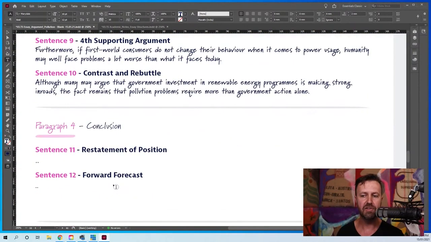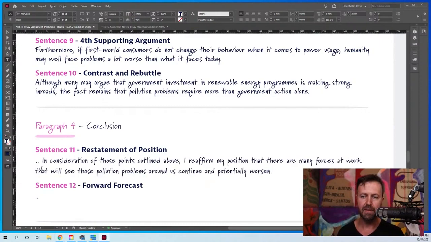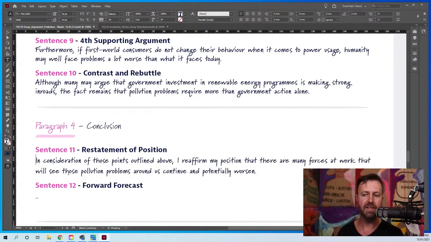Guys, we're basically almost finished the essay. The next thing we're going to do is restate our opinion at the end of the essay. That is here. Let me just copy that into here. Here's a bit of a structure for you. So in consideration of those points outlined above, like referencing back to what we've just said, I reaffirm my position. I say it again, that there are many forces at work. There are many factors that are contributing to this.